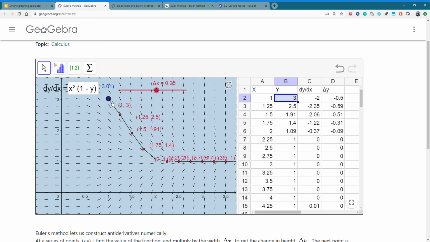We can see from the graph that our next step down has us at the y value 2.5, then 1.91-ish, 1.4-ish, and then the next one is kind of hidden, but over 2, we're getting 1.09-ish. And that's the value that we computed. And if we continued, it looks like, at least with the rounding they have going on, not much is happening, it's kind of leveling out. But that's a nice sanity check that our computations are doing what they should be.